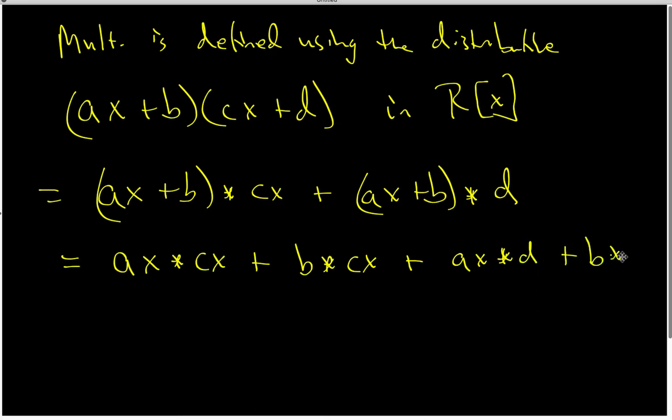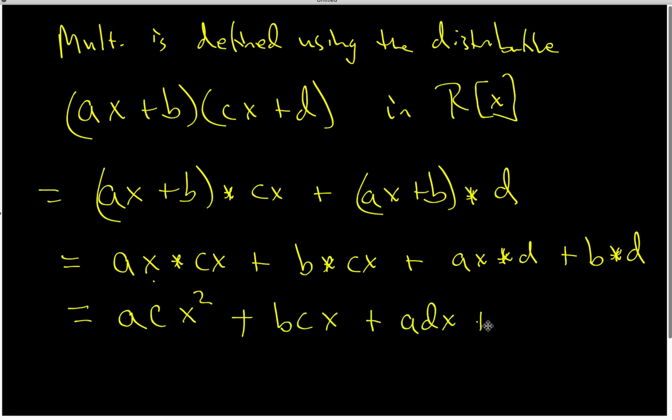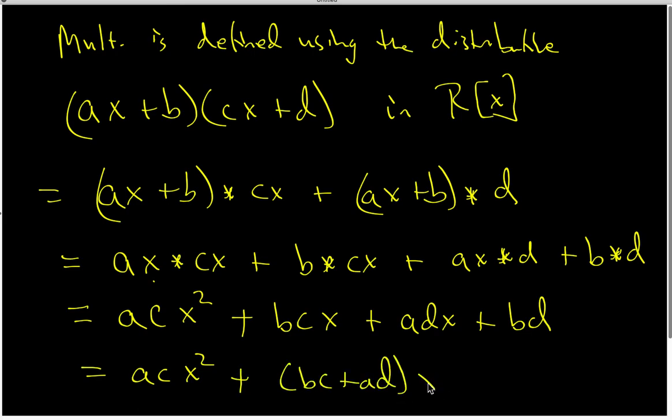Now it's important to remember that the x's commute with the elements of the ring, so we get ac times x times x, which would be x squared, plus bcx plus adx plus bd, and then we add like terms together. And so we have (bc plus ad) times x as that middle term.